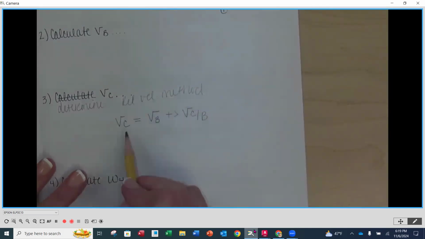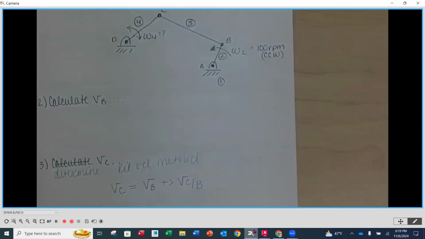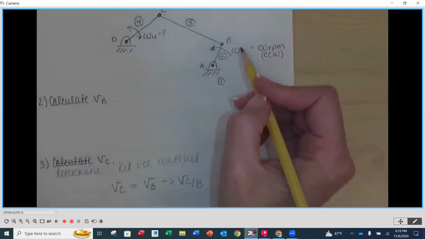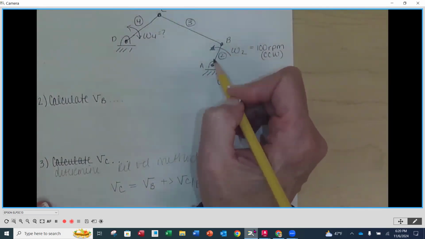Now, let's start by looking at the velocity of B. The velocity of B is on the crank, which is rotating counterclockwise at 100 RPMs. So we want to show the velocity of B on this link on its endpoint.